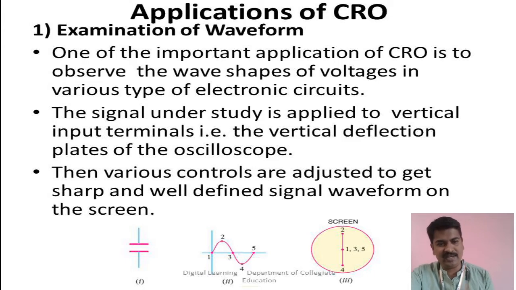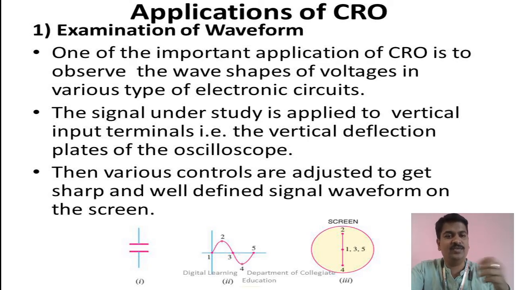We have different kinds of electronic circuits, and those circuits produce different kinds of voltage signals, and the shape of those voltage signals can be seen through this CRO. Just feed the output of that electronic circuit to one channel of the CRO. You can see beautifully the waveforms, the output voltage signals, in the CRO.